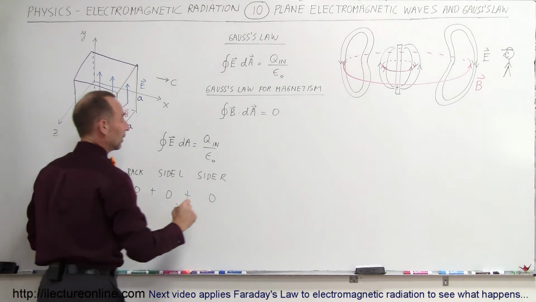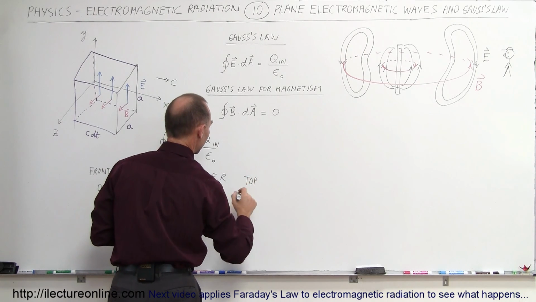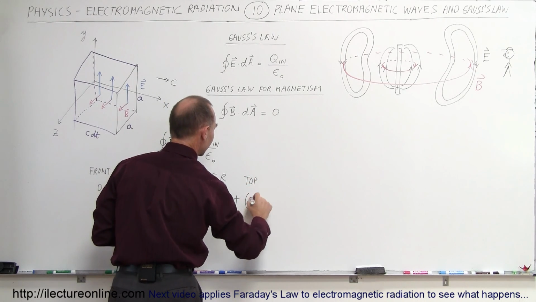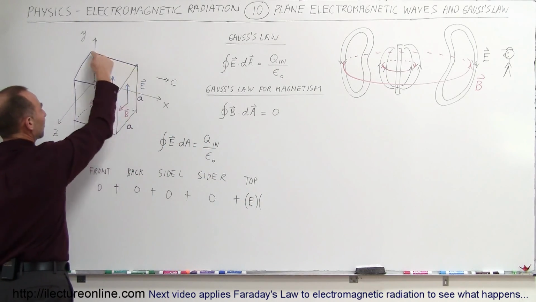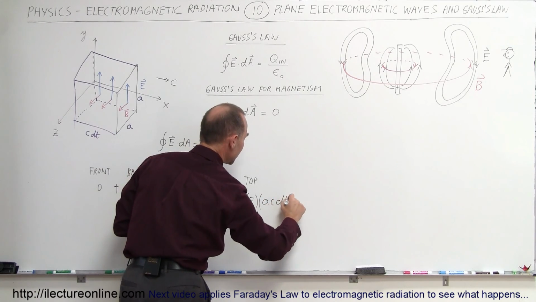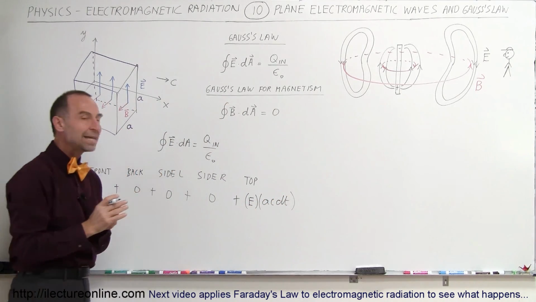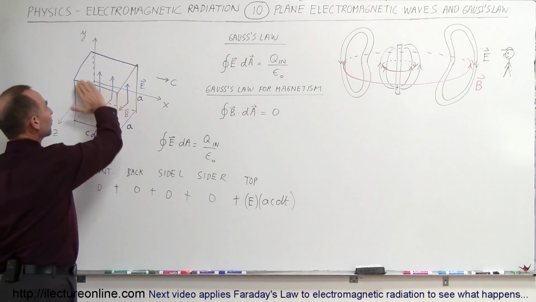So if we're now going to add the top, it's the strength of the electric field multiplied times the area, and the area is going to be A times c delta t. That will be the multiplication of the strength of the electric field times the area of the surface.